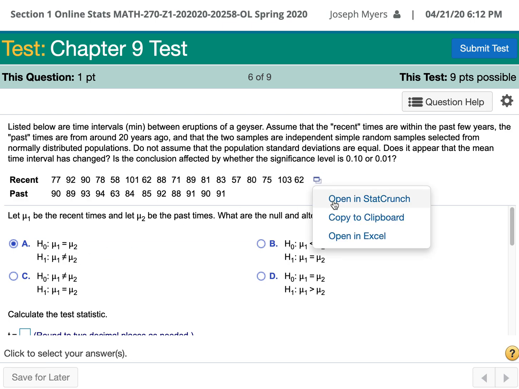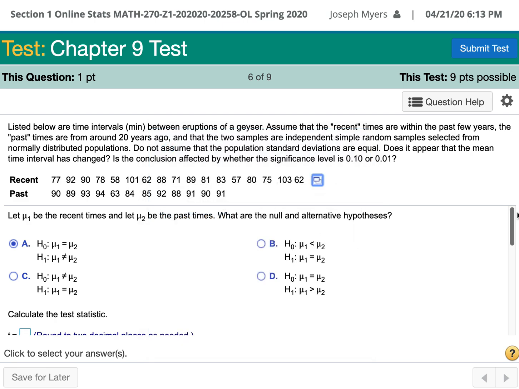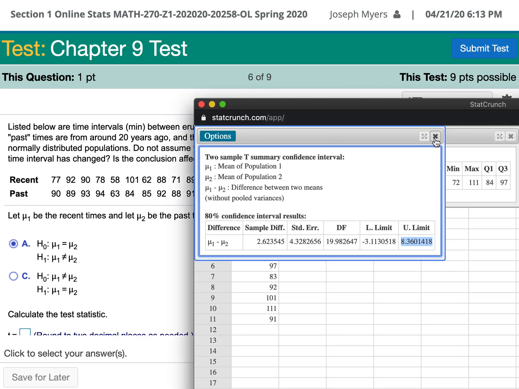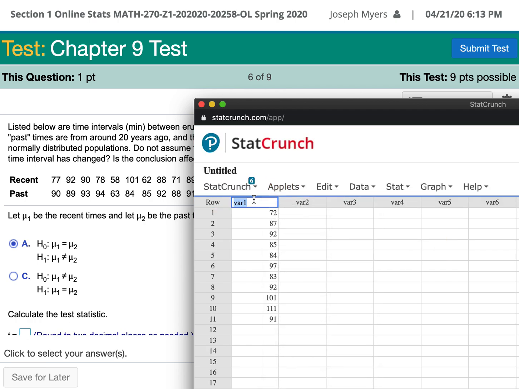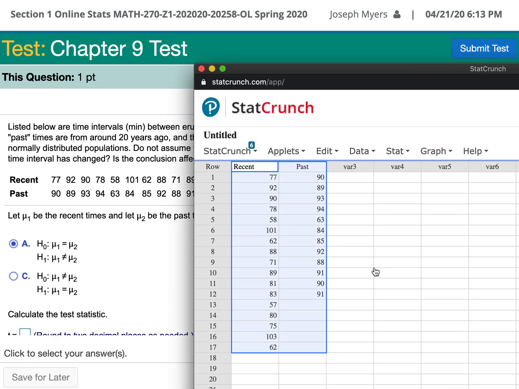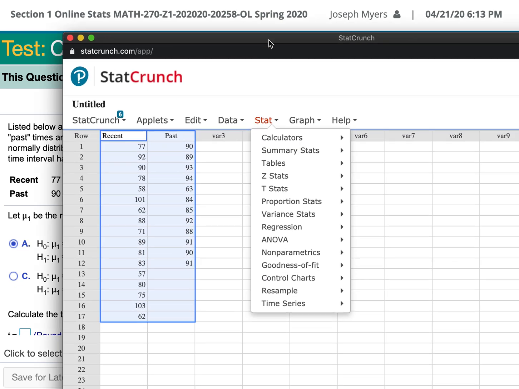Then open this thing and do copy to clipboard. Do Command C or Control C to copy the data. Now this time there are labels at the top of the data, so you're going to click on this label variable 1, and then you do Control V or Command V to paste it in. And then your data go there, and then you're going to do a 2 sample t-test.